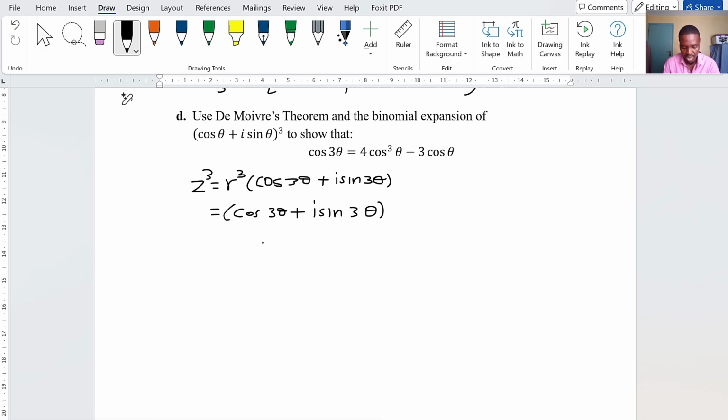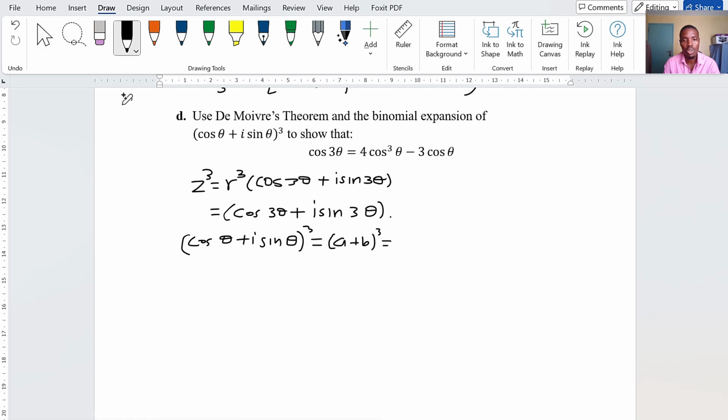Now using binomial expansion, we can use the expansion as cos theta plus i sine theta, cubed. We can compare that with a plus b cubed.